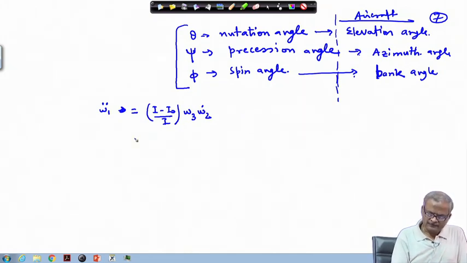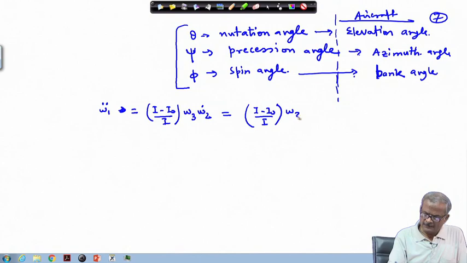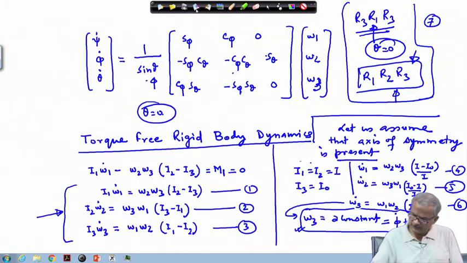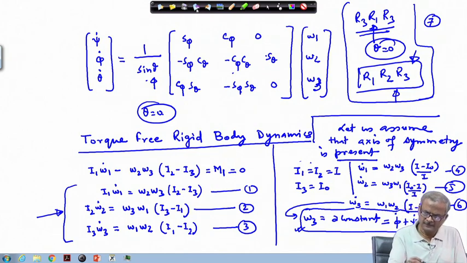Now, in this equation omega 2 dot is present, so insert it from equation number 5.